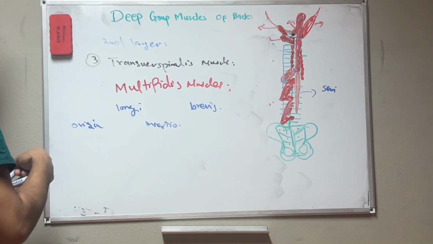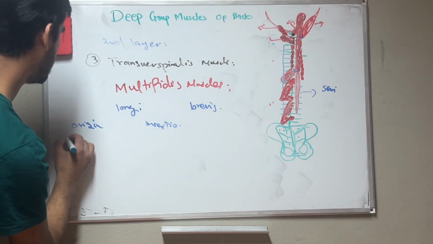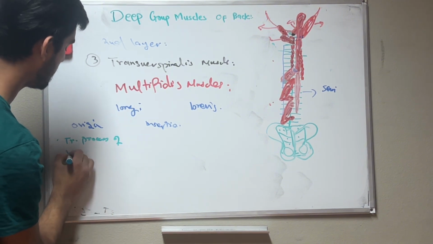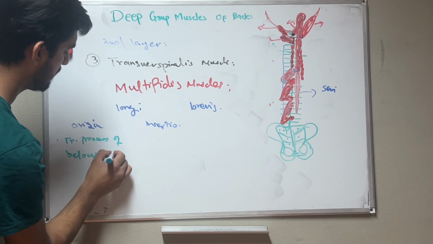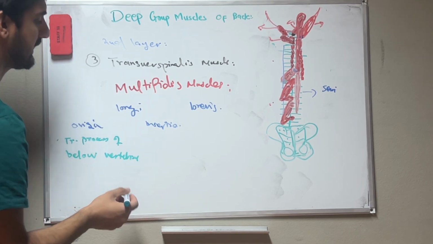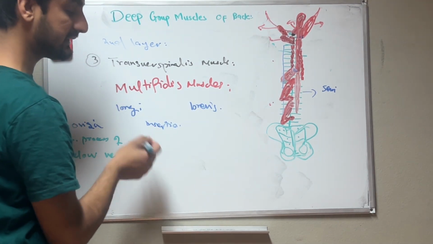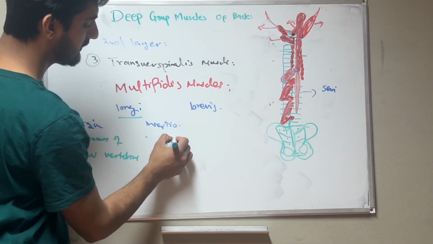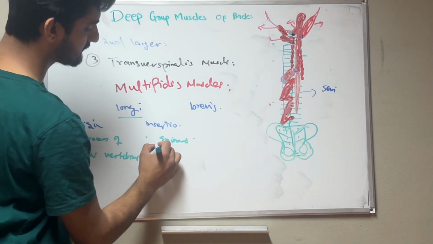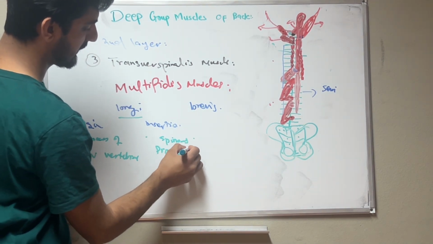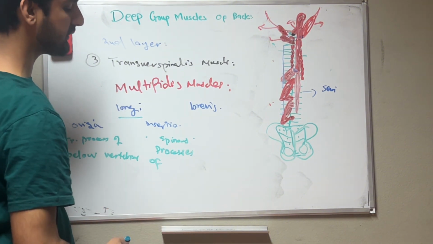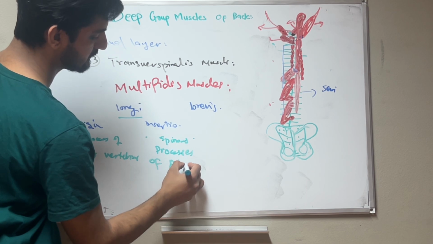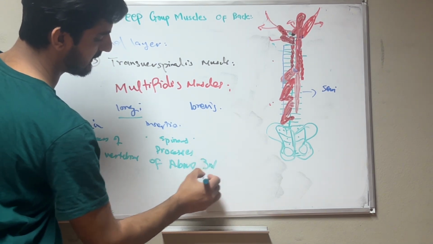Okay, how about the origin? From the transverse process of the below vertebra and inserted into the spinous process of the above third vertebra.